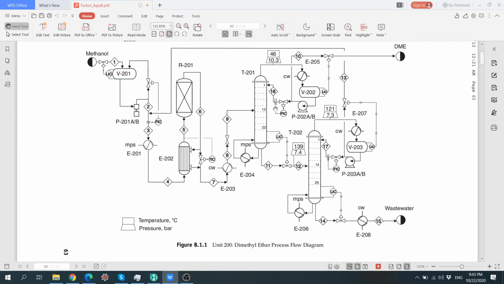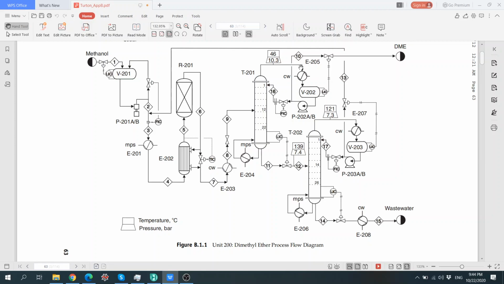So for the second question, how much we have to split, because this is our main product, this main product, normally if you go to a supplier or something, they will tell us the purity required for this DME. Yeah, that's number one. So we have to have the purity constraints.